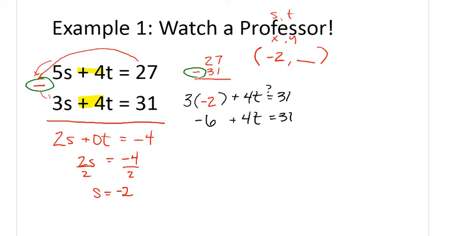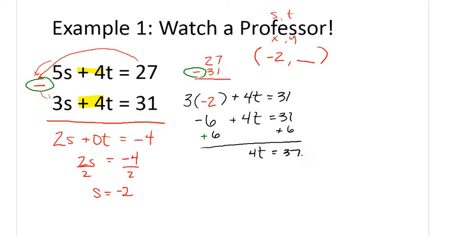Now I'm solving for t. Oh, let me apologize. This should not be here. Get rid of that. So I'm solving for t now. I'm going to add 6 to both sides. And here I've got 4t equal to 37.